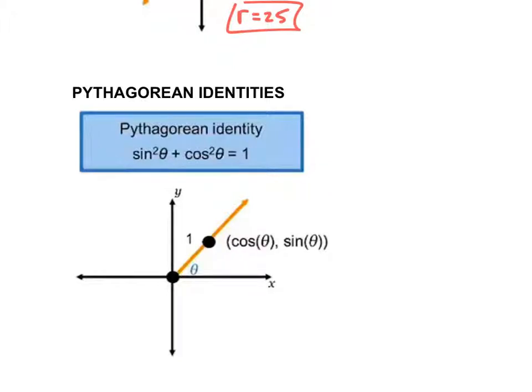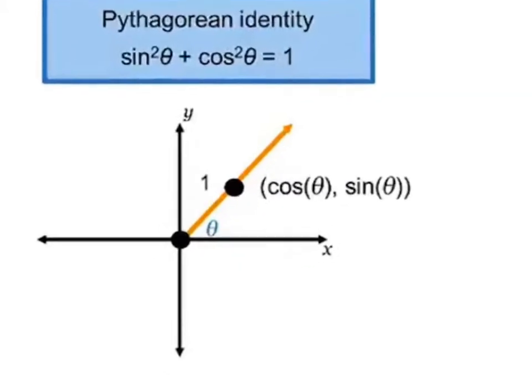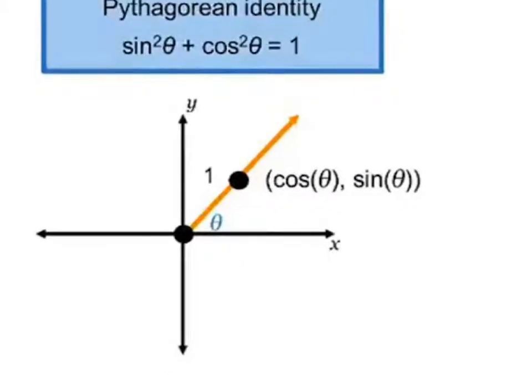Okay? And so here's what I know. Let's do this. I'm going to come in here, and I'm going to draw in my right triangle. Okay? Now, here's what I have. Here's my angle theta. I'm going to call this length here A, this length here B, and this length here C, okay?